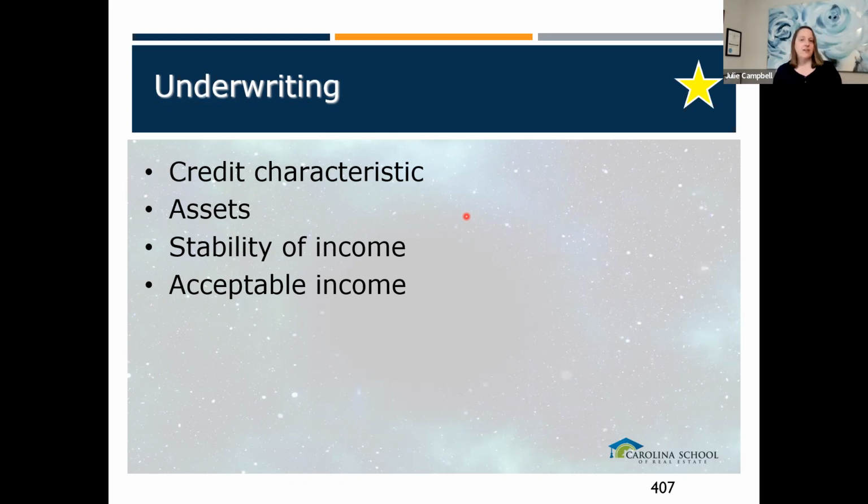Once they have everything, they send it to underwriting. It's not uncommon for the loan to come out of underwriting the first time requesting more information. It's not uncommon at all. The underwriter says, looks great, I need this, this, and this. What we get the first round out of underwriting is a pretty good idea if we're going to get loan approval or not.